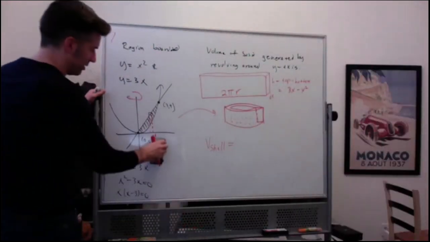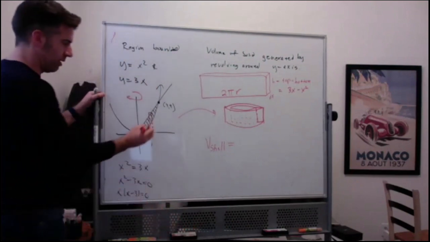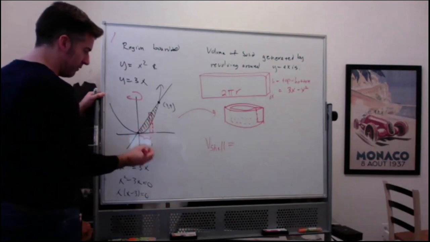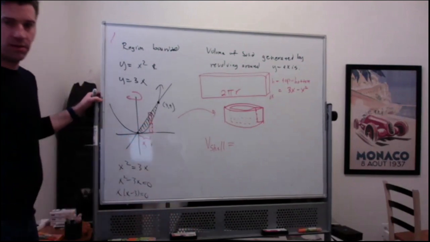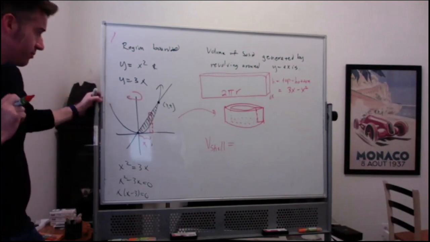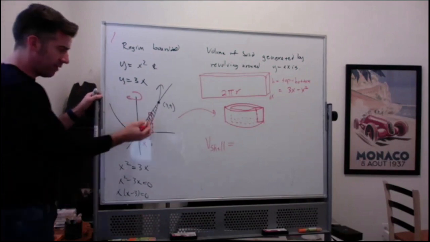So what you have to do, and I should have said this a little bit ahead of time, you have to imagine, not imagine, this strip is at a distance of x from the y-axis.